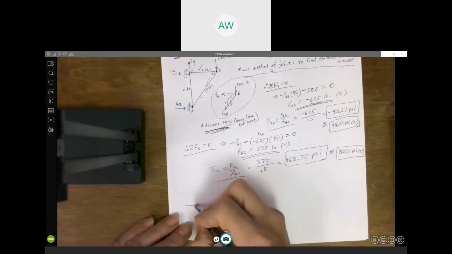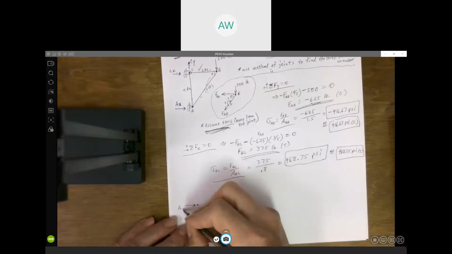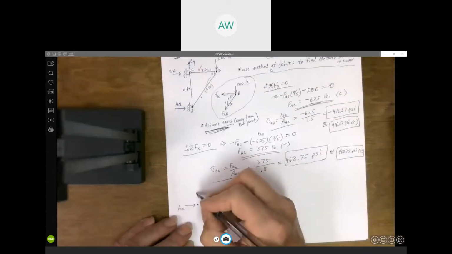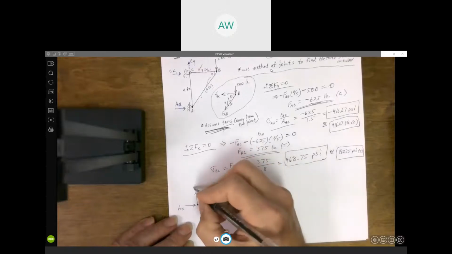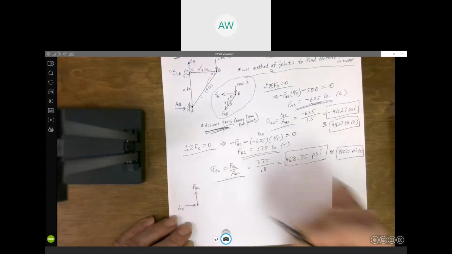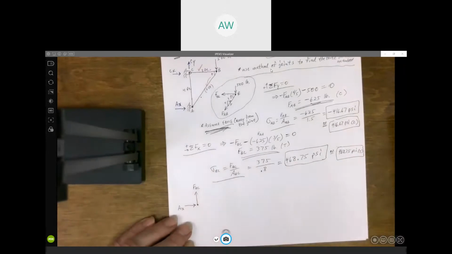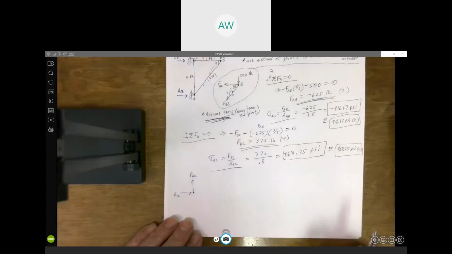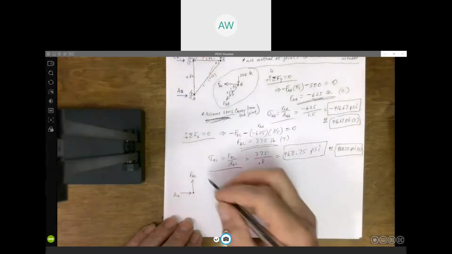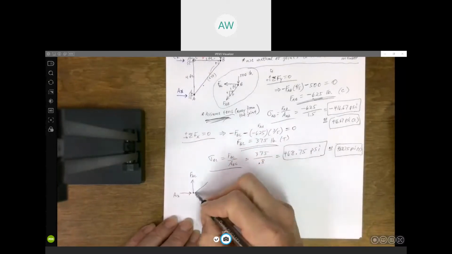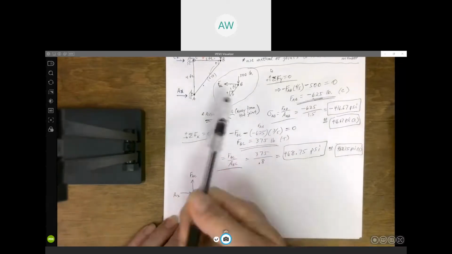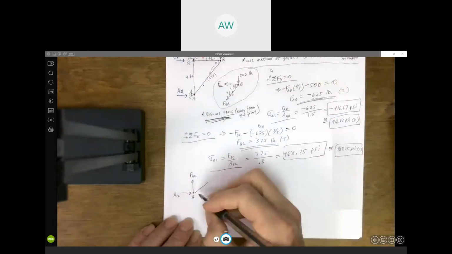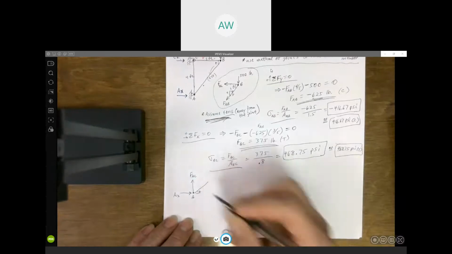Here's joint A. We still have this unknown support reaction. We've got the unknown force in member AC, which I'm assuming is in tension, drawing it going away from the joint. Now AB acts in the same direction as AB does, at angle theta.